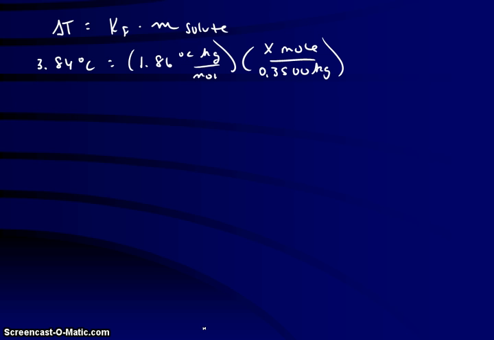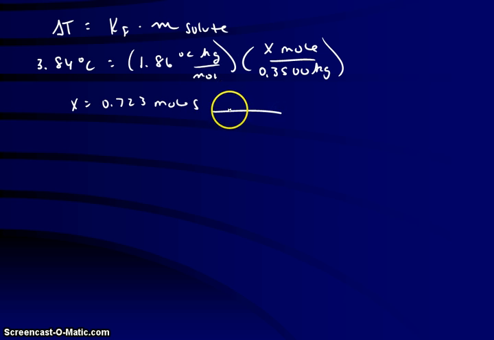We're going to divide both sides by 1.86 and multiply both sides by 0.3500, and that's going to give us 0.723 moles of solute.